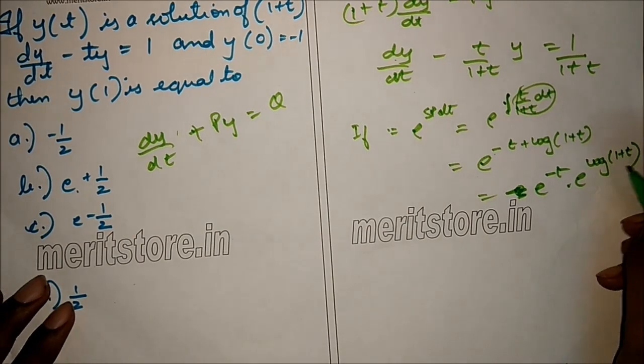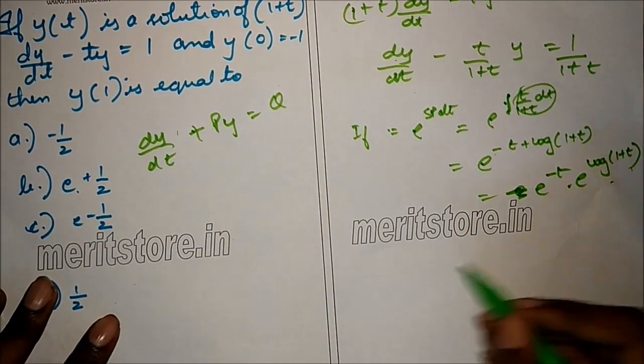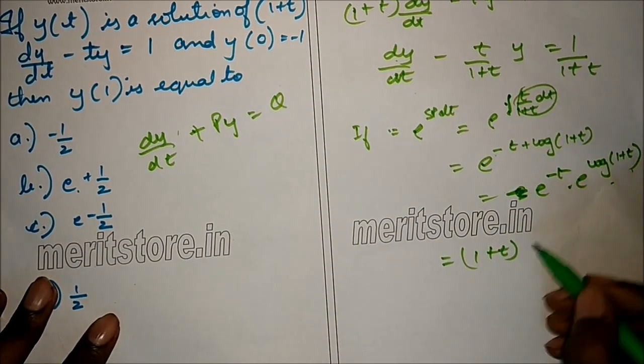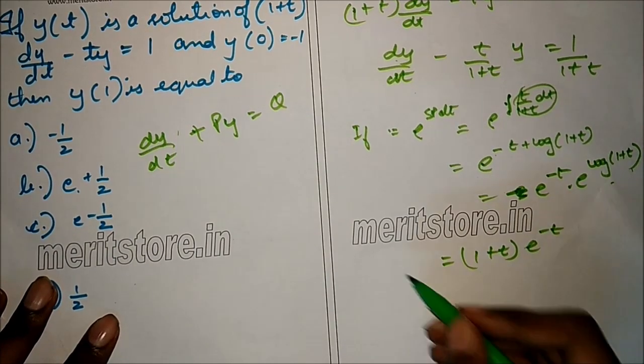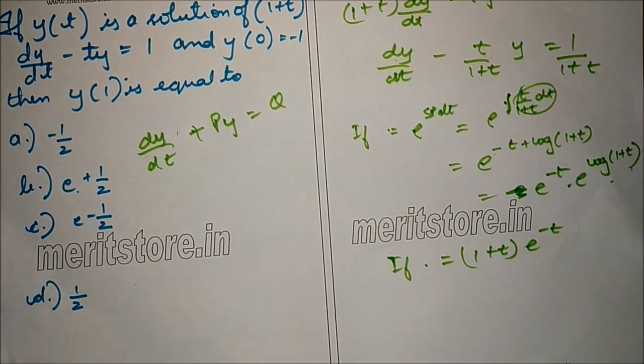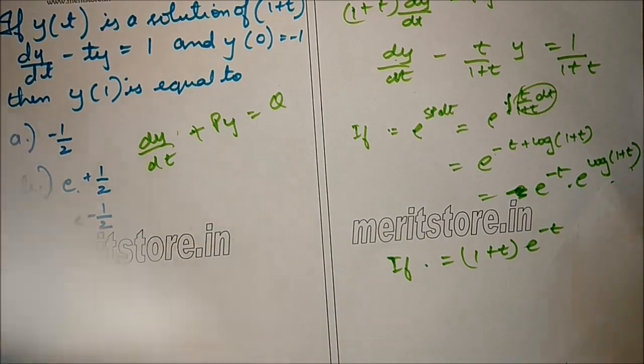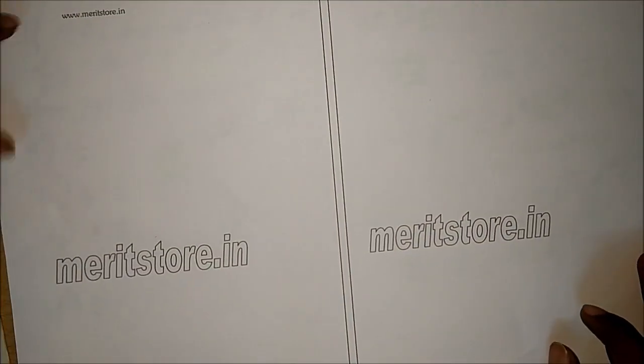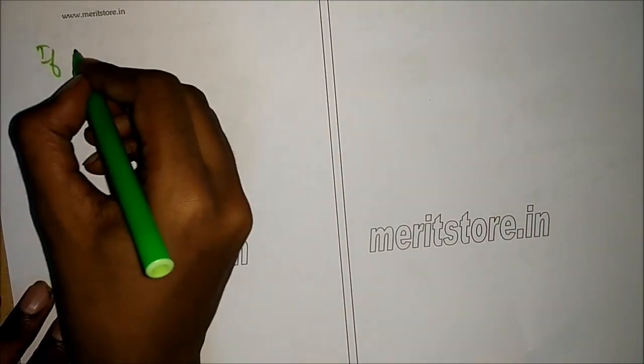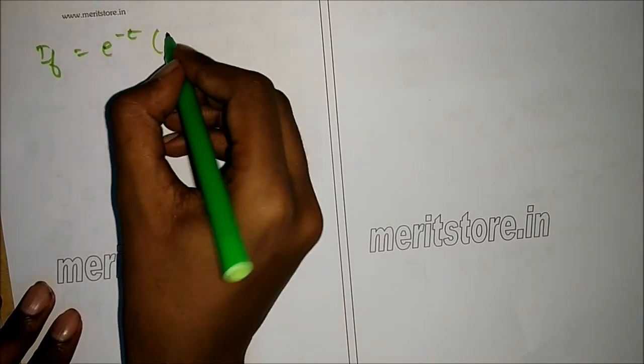So e raised to log of 1 plus t to the base e will be 1 plus t, and this will be as it is, e raised to minus t, and this is the integrating factor. So integrating factor was e raised to minus t into 1 plus t.